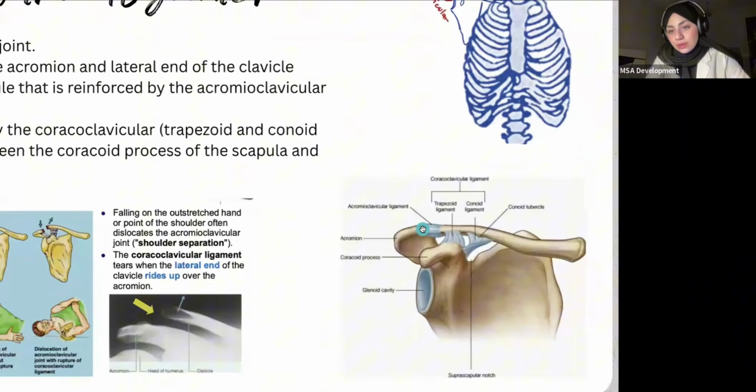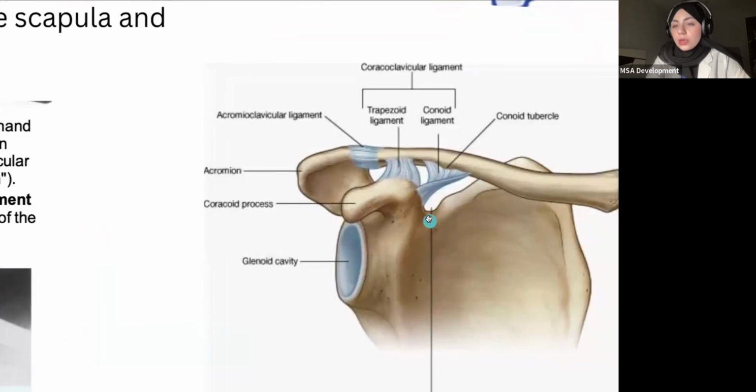Now, visiting the ligaments, importantly. Recall the conoid that I told you about, which is going to be on the inferior surface. And from the conoid, it kind of goes like this, or if we're flipping it like this, it's going to be like this. And then this line right here is going to be our trapezoid line. This is the attachment site for the conoid ligament and the trapezoid ligament. Together, they form the coracoclavicular ligament. Why?